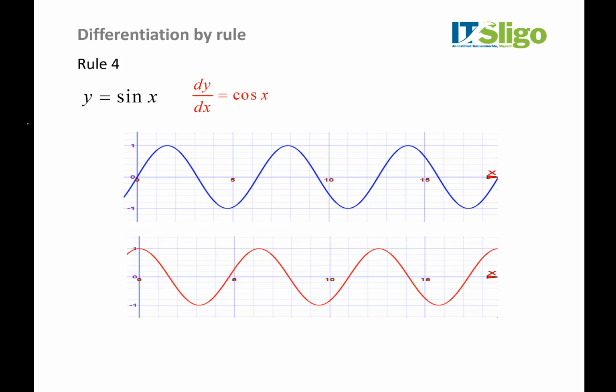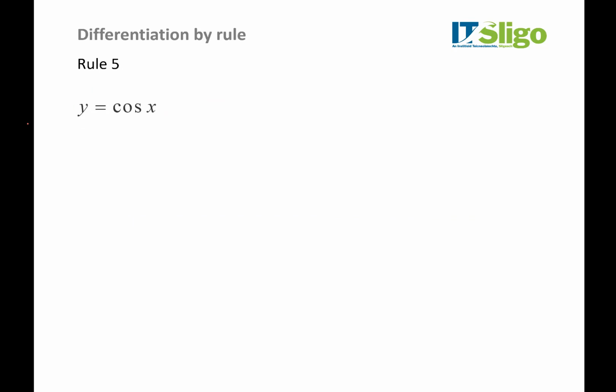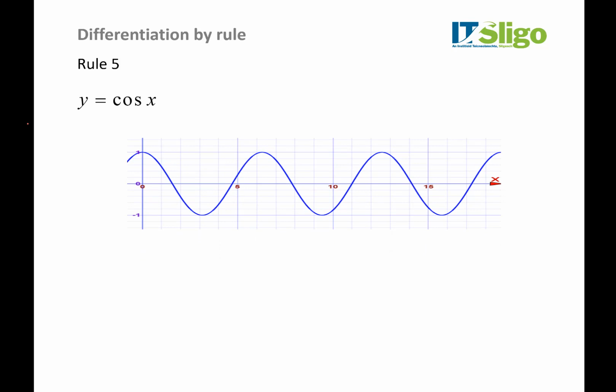And rule 5 then, we look at the cosine curve, again with the same logic. I'll quickly try and sketch it in. Here the slope is 0 when x is 0. So remember, horizontal line, all of these points here are going to have a slope of 0. So there'll be 0, there'll be 0, that'll be 0, this one will be 0.